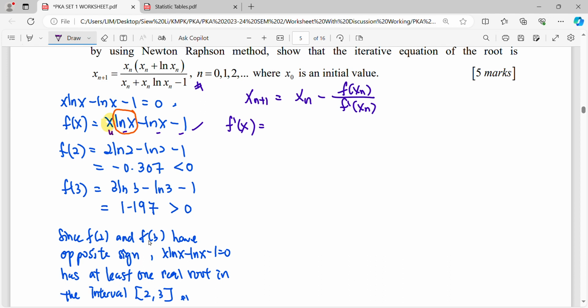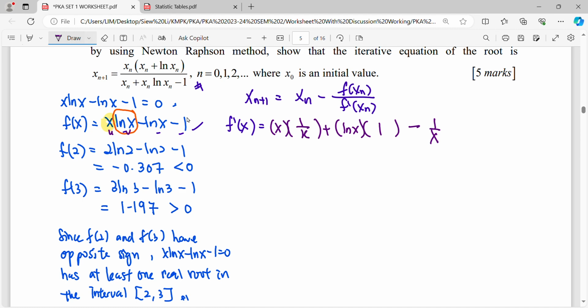U, V: copy the front, differentiate the back; copy the back, differentiate the front. That is U V prime plus V U prime. So differentiate ln x gives 1 over x. Differentiate the front, x, we get 1. Then the second term, differentiate ln x only, so it will be 1 over x. Differentiate the constant for the third term, 0.